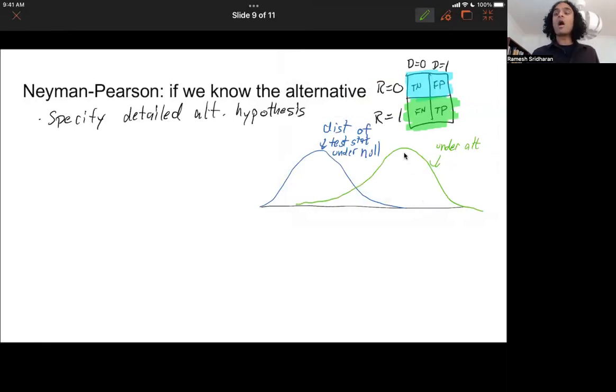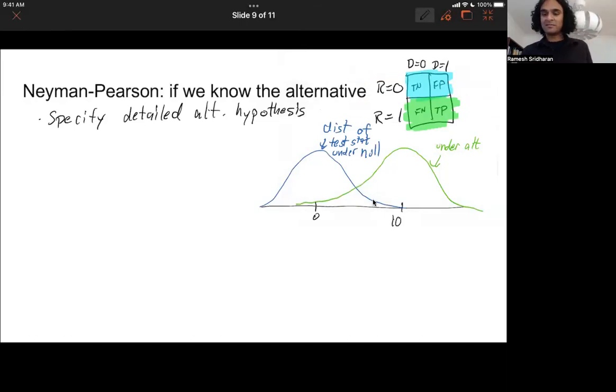Now I'm getting more concrete; I'm drawing a line in the sand and saying the alternative is here. It's not just bigger, it's actually here. Maybe the test statistic is 0 here, maybe it's 10 there. How you choose it depends on what you think the alternative should be. There's definitely some art that goes into how you choose this, but there you have a specific alternative hypothesis.